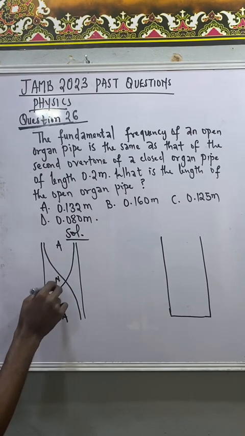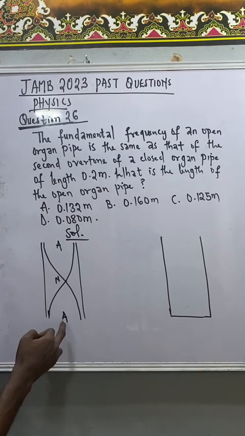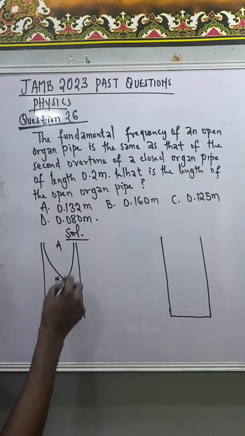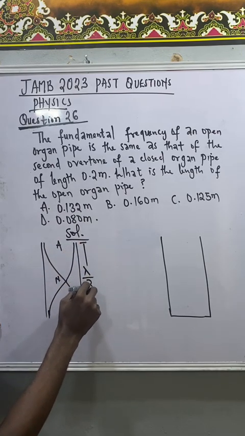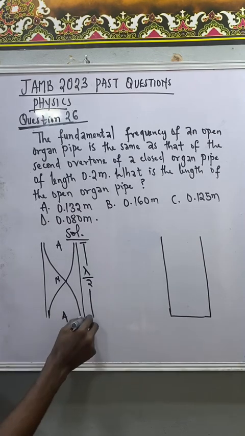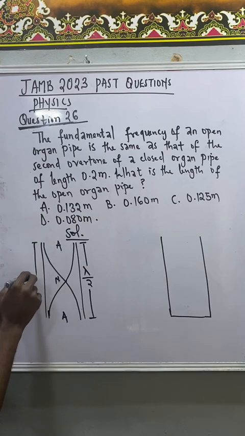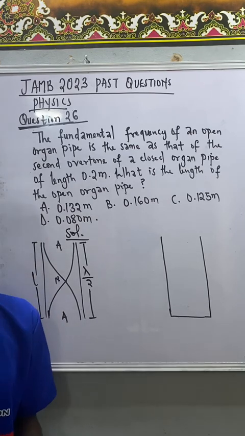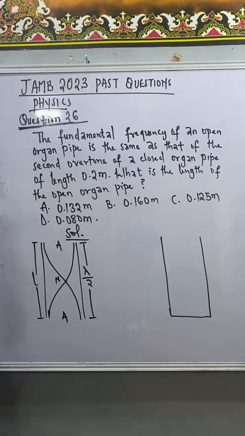This point with zero disturbance is known as the node. The distance between two successive antinodes in a normal wave is taken as lambda divided by 2, where lambda is the wavelength of the wave produced. This corresponds to the total length of the organ pipe, or the air column inside the organ pipe.